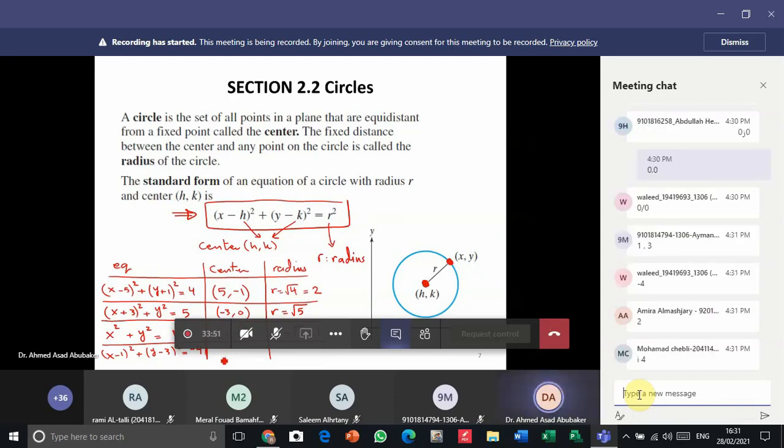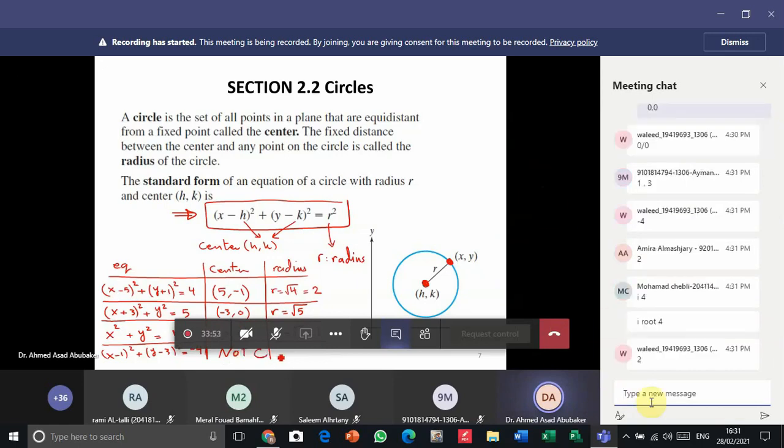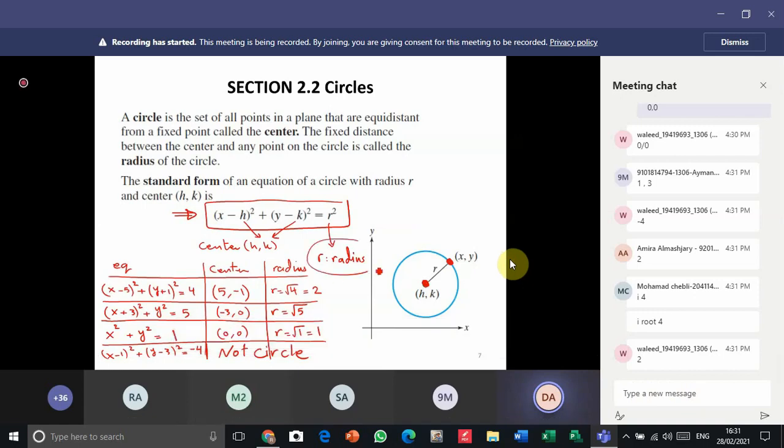Okay, this is not a circle. Why? Because the square of the radius equals negative. This is not a real number. Okay. The radius must be positive and the square must be positive, because the radius is the distance between the center and any point on the circle.